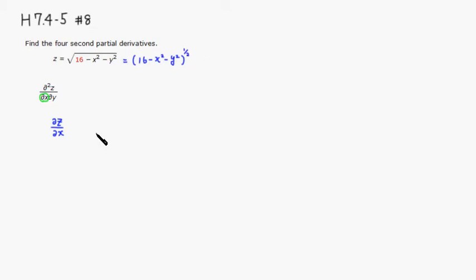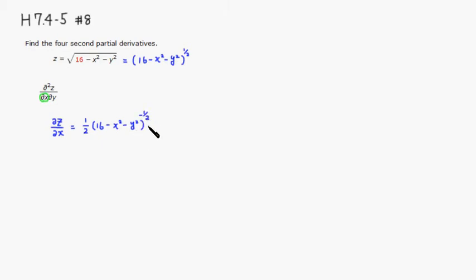So let's take the partial derivative. General power rule: put 1/2 in front, keep the same quantity, 16 minus x squared minus y squared, and subtract 1 from the power, so that will be negative 1/2.